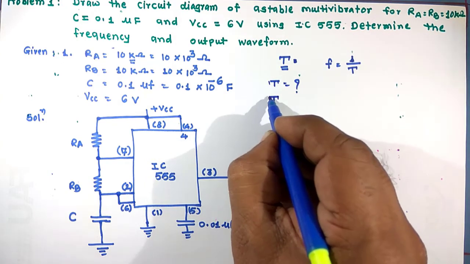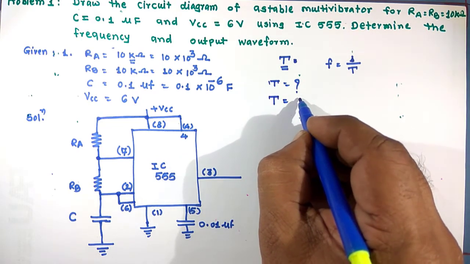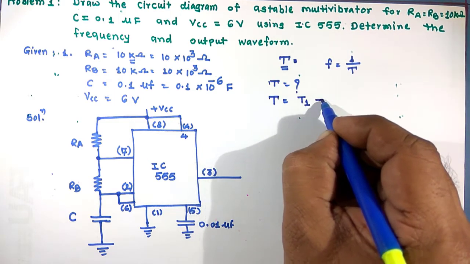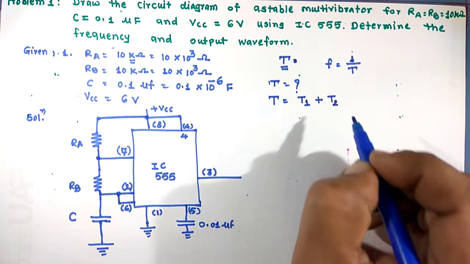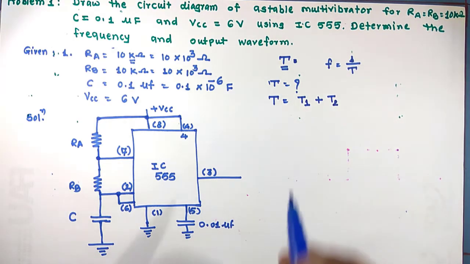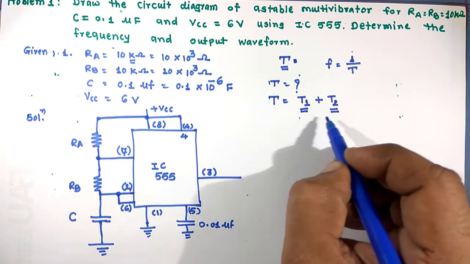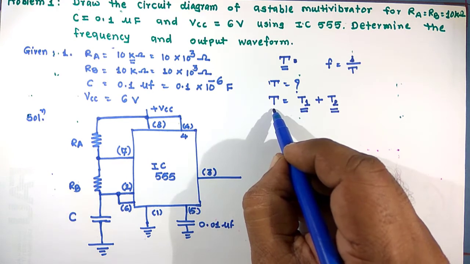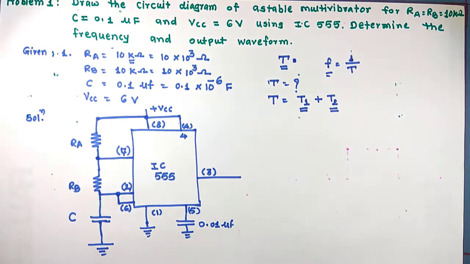Total time T is nothing but the charging time of the capacitor, T1, plus the discharging time of the capacitor, that is T2. So first let us find T1, then we will find T2. From this we will find capital T, periodic time, and then we will find the frequency.